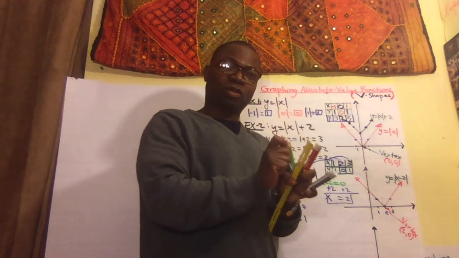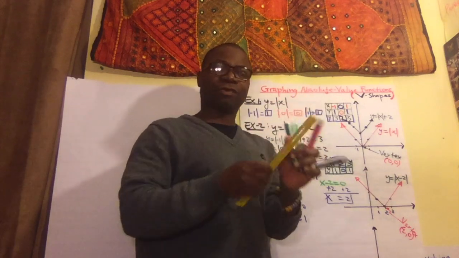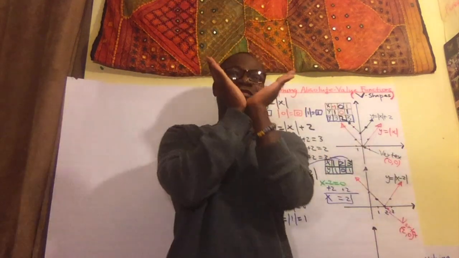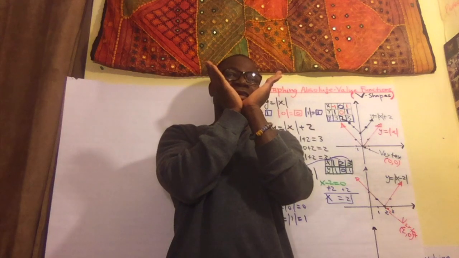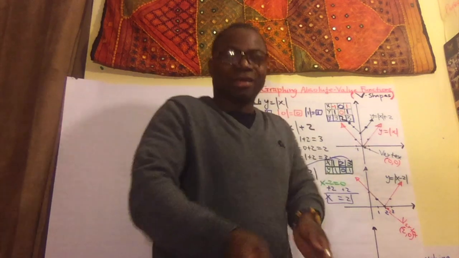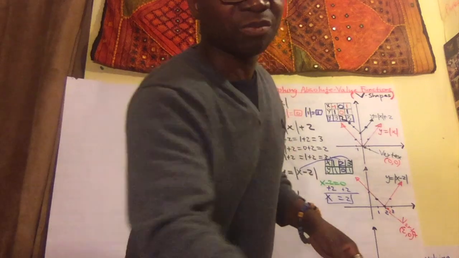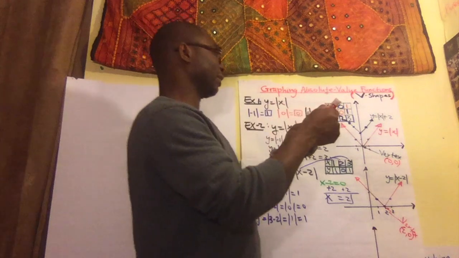Just remember, an absolute value function is a V shape, or an upside down V. I could quickly mention something about the upside and the downside.